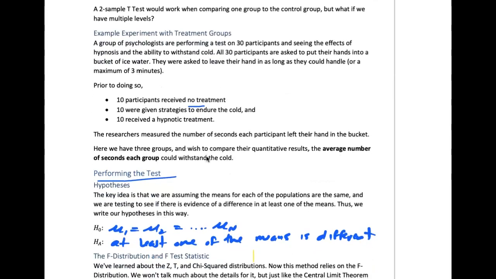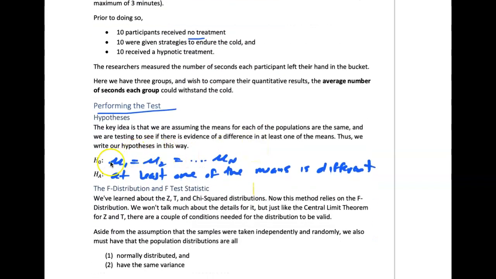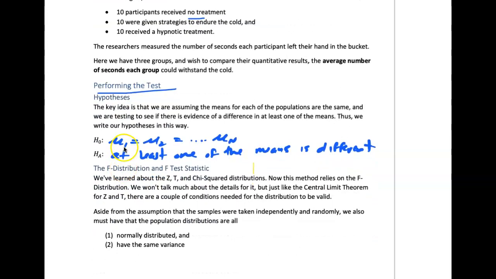So you have three groups to compare, and we're going to compare the quantitative value of those groups. The null hypothesis is that the means are all equal to each other across the groups. They're all equivalent. The alternative is that at least one is different.